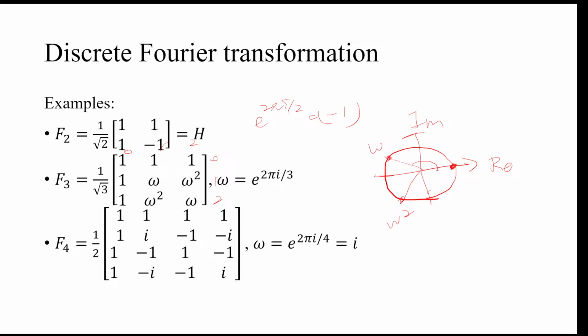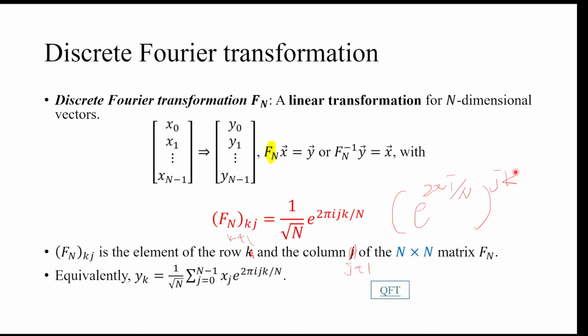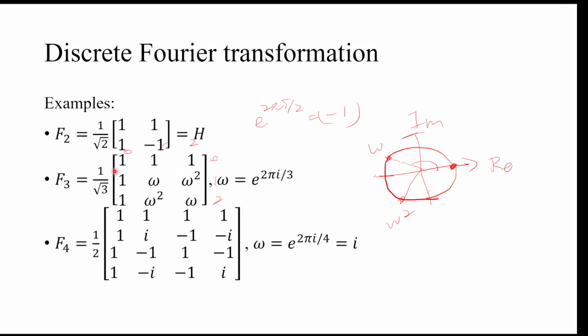In the first row and first column you have 0 multiplying something, because you want the jk-th power, so these are all omega to the 0, which is 1. Then in the next row you have omega to the 0, 1, 2 power, and in the last row you have 2 times 0, 2 times 1, and 2 times 2, so omega to the 0, 2, and 4 power.